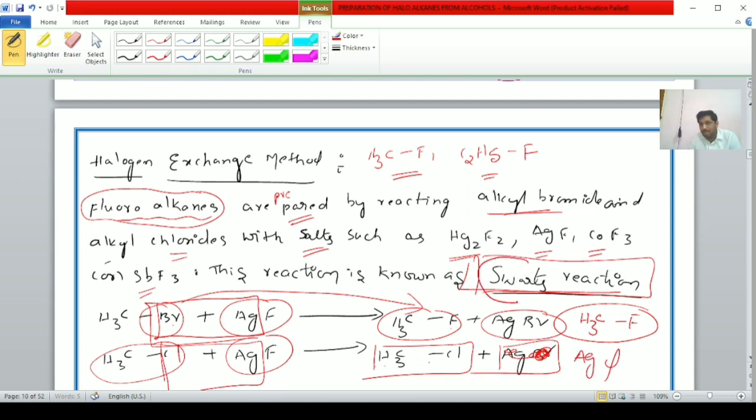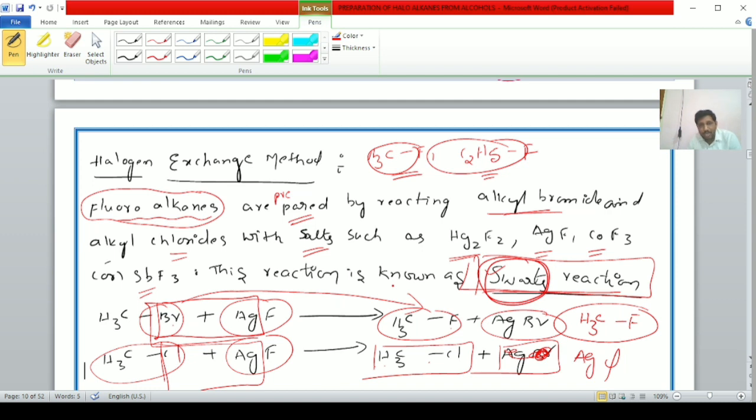For this he got the Nobel Prize also. Swarts got the Nobel Prize because fluoroalkanes are highly difficult to prepare, but he could prepare them, and that too from haloalkanes only. Haloalkanes to haloalkanes, that is, bromo and chloroalkanes to fluoroalkanes by using the Swarts reaction.